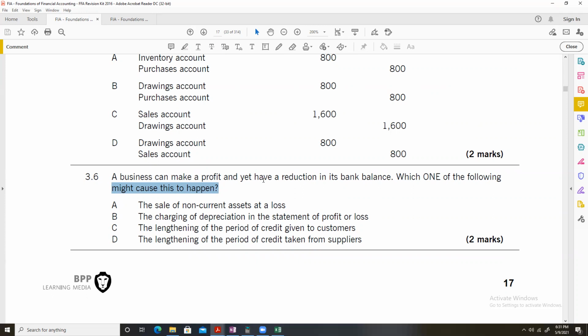Now, when you sell a non-current asset at a loss, what will happen? You will eventually end up making a loss. So the profit will not increase.